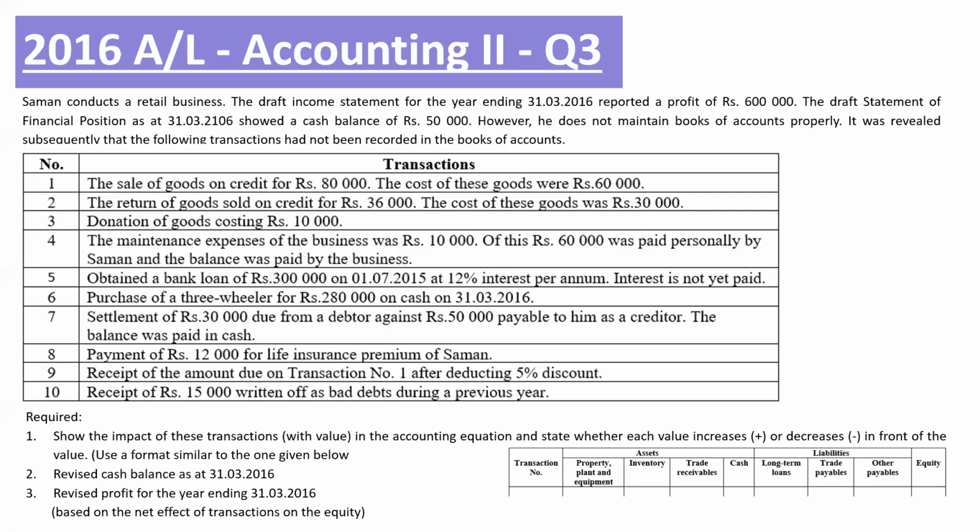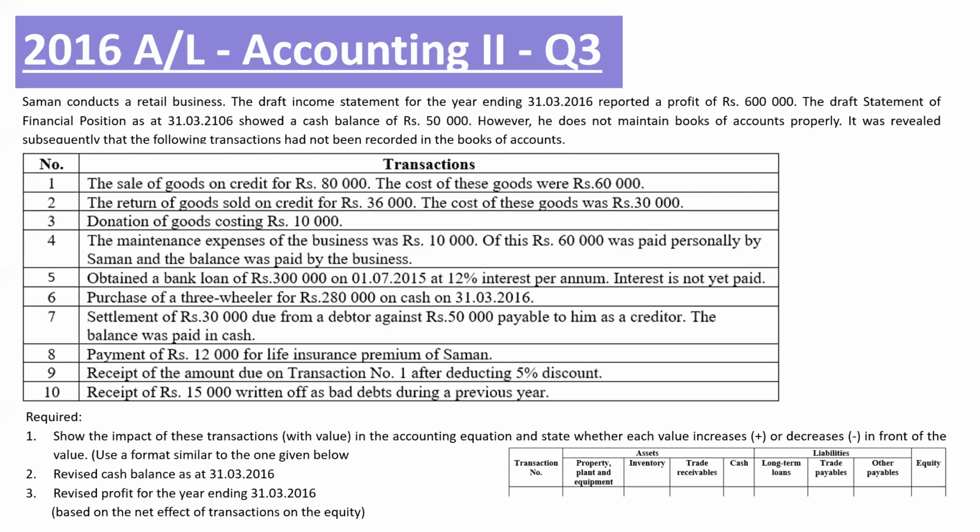The draft income statement for the year ending 31st March 2016 reported a profit of 600,000. This draft statement of financial position showed a cash balance of 50,000. However, he does not maintain books of accounts properly. It was revealed subsequently that the following transactions had not been recorded in the books of accounts.